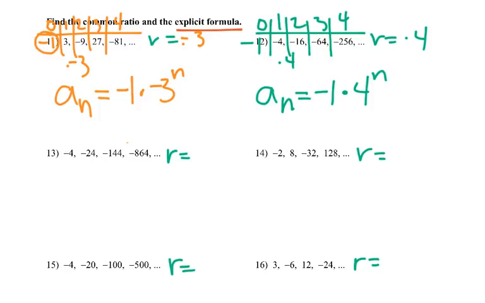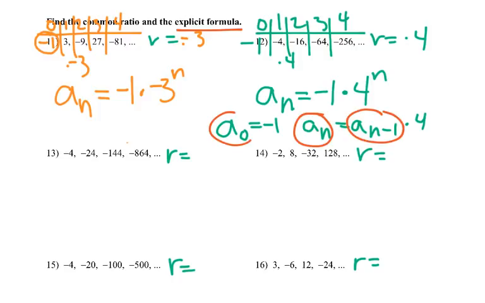If I was for some reason doing recursive as well, just to remind us, it'd be a sub 0 equals negative 1, then a sub n equals a sub n minus 1 times 4. Okay, remembering these are outputs. Okay, the only input here I see is this one right here because it's not connected to any variable.